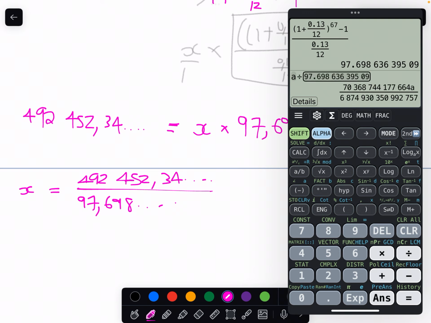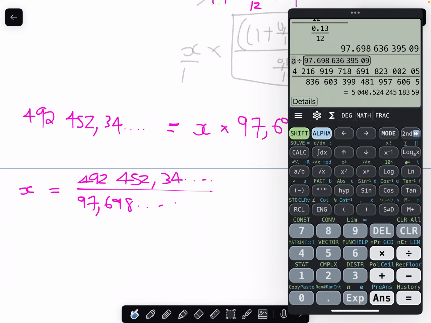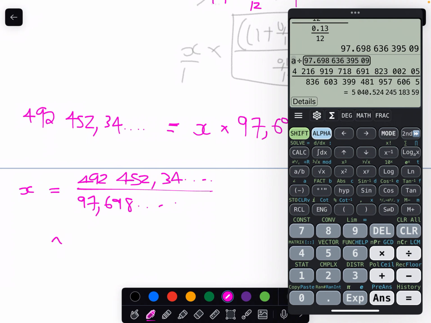Okay, I have my number. So x will be about 5,040 Rand and 52 cents.